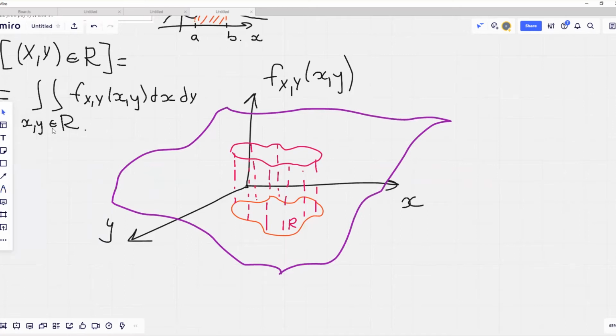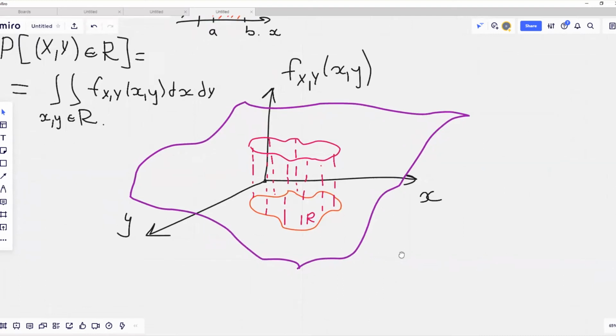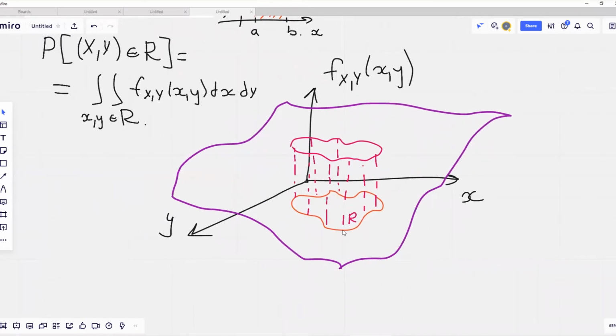So the probability that random variables X and Y lie in that region R is found as a volume under our surface represented by the PDF of X and Y, and above that region in red in the XY plane.